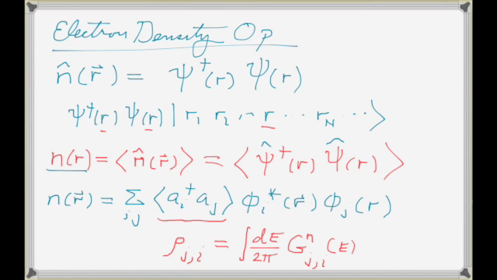And for those of you who are sitting in the course, we talked about this, that we had derived an expression for n of r in terms of this G superscript n here, and said that this was simply the density matrix, rho ji. And so this thing in brackets is indeed the density matrix, rho ji, times a dagger a.